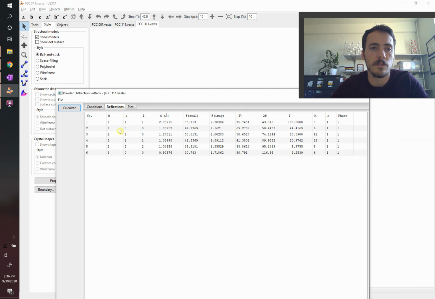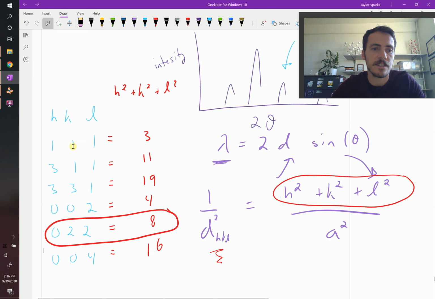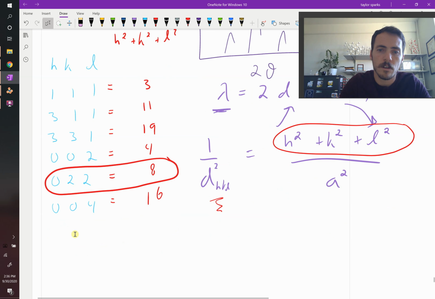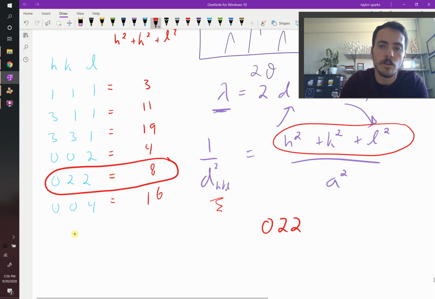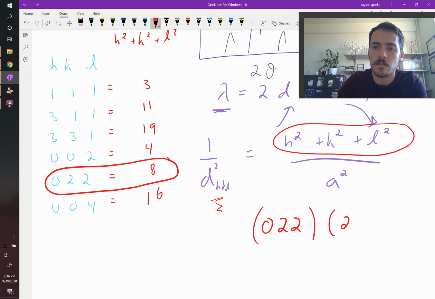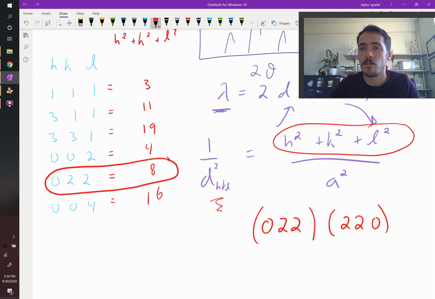The next peak is going to be the 2, 0, 0, and then the 2, 2, 0. And this is exactly what we got, the 1, 1, 1, followed by the 0, 0, 2, followed by the 0, 2, 2. Now, is 0, 2, 2 the same as 2, 2, 0? Of course it is. They're in the same crystallographic family, right?